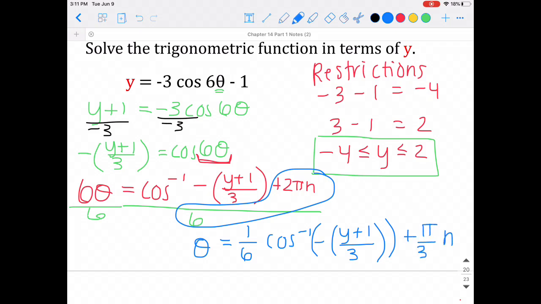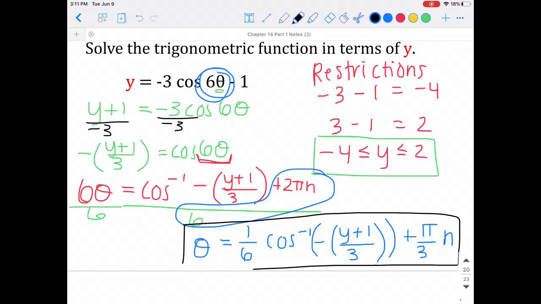So we had 2 pi over 6, that's simplified to pi over 3 n. This pi over 3 should match up with your period, which it does. And here we are finished. So our equation is theta equals 1/6 inverse cosine of negative (y plus 1) over 3 plus pi over 3 n, and that's going to give us our complete solution.